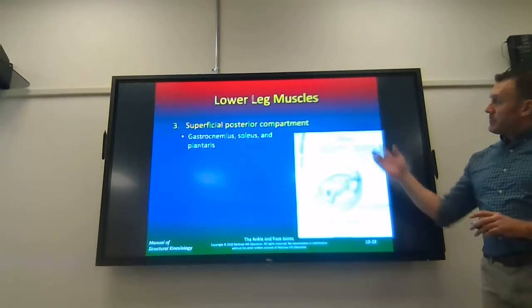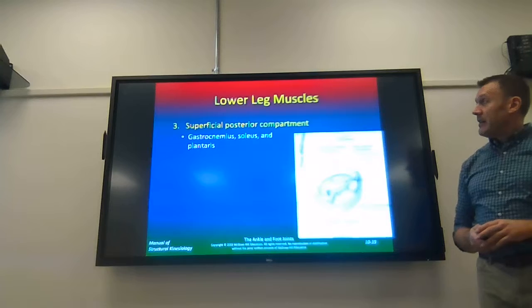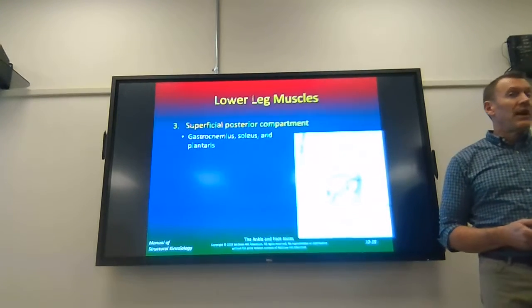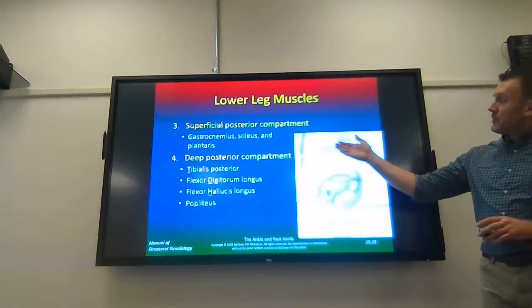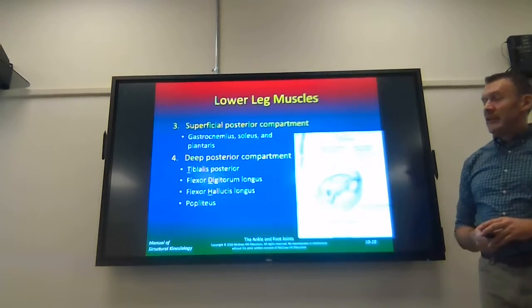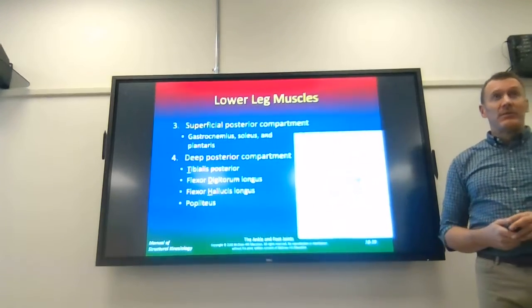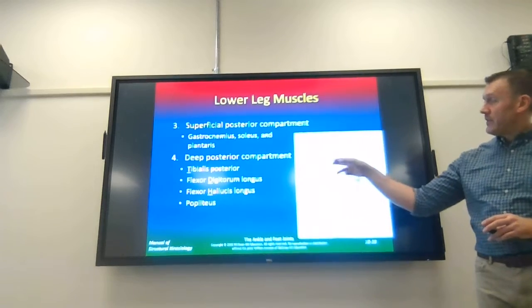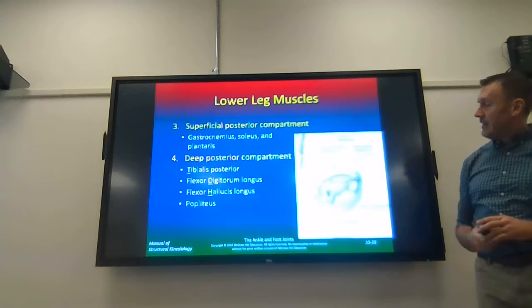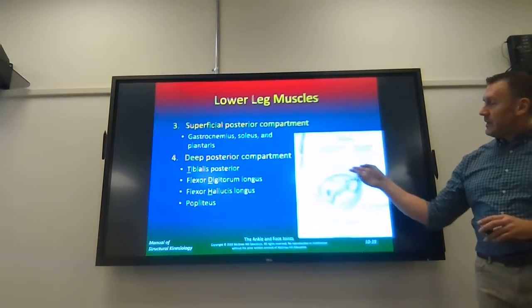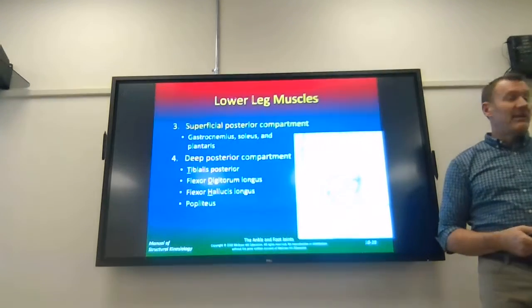As we look at this, we can see that on the posterior side we have 2 compartments. We have the superficial posterior compartment, so you can see the gastrocnemius, which has those 2 parts, a medial and lateral head. And then we can see the soleus underneath the gastrocnemius.